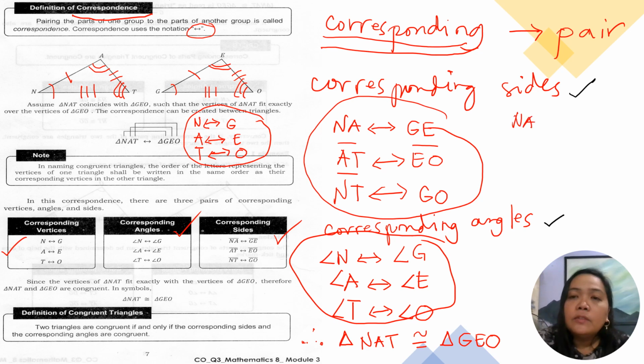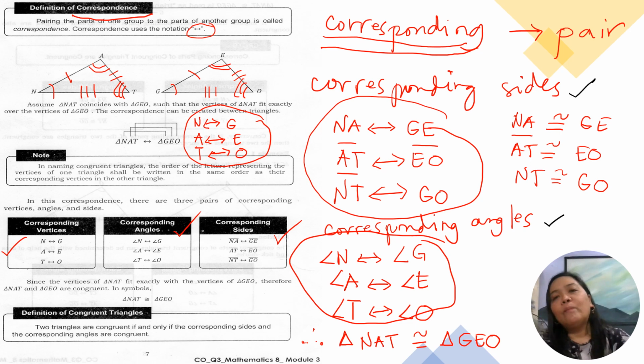Since the corresponding sides coincide, we can also say that NA is congruent to GE, AT is congruent to EO, and NT is congruent to GO. So the corresponding sides are also congruent.